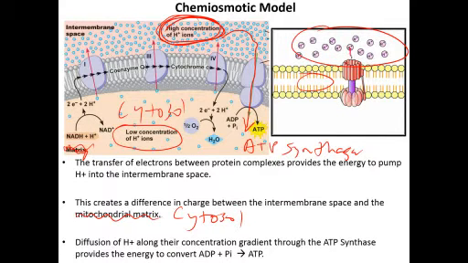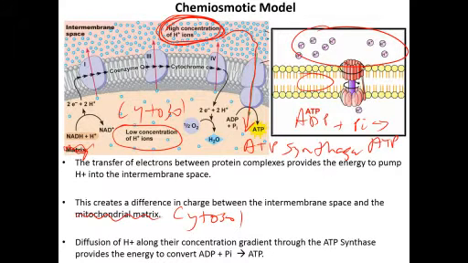Your protons flow through. Now when your protons flow through this pump, you have ADP and inorganic phosphate. This provides the energy needed to take ADP plus inorganic phosphate and form ATP. So you're using the concentration gradient of protons that you generated through the electron transport chain to generate ATP.